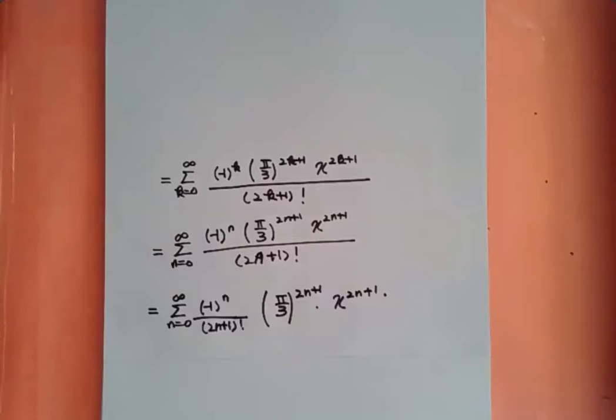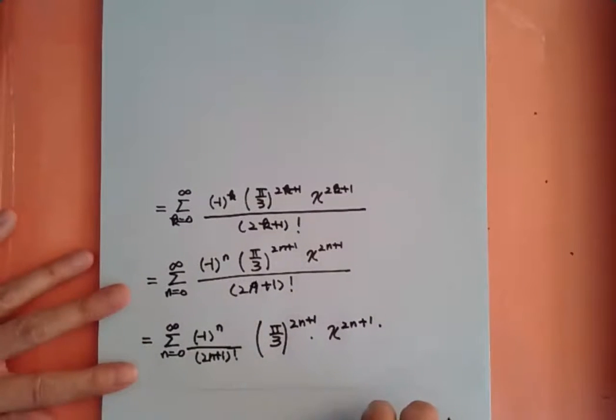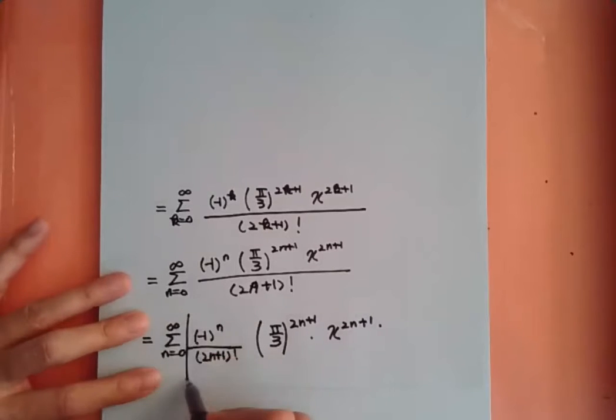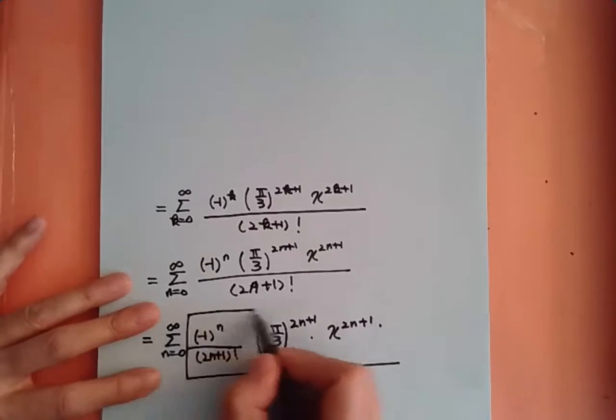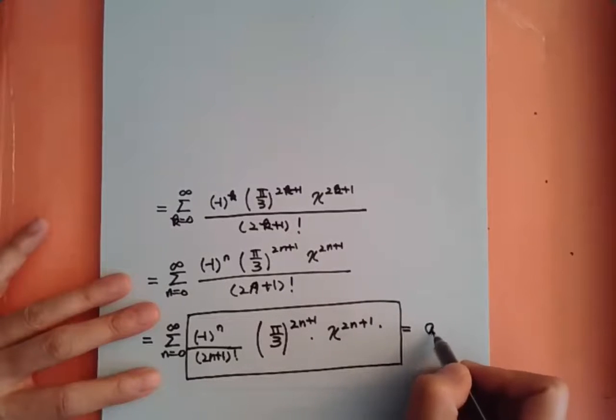So it's quite complicated. What we want to use is this one. This one is a_n, right?